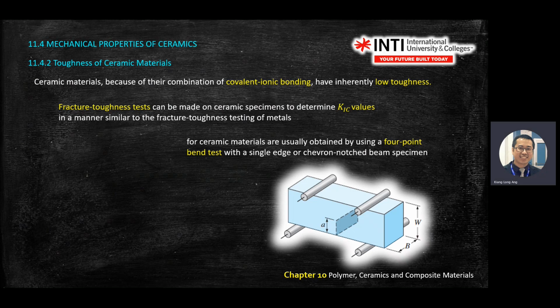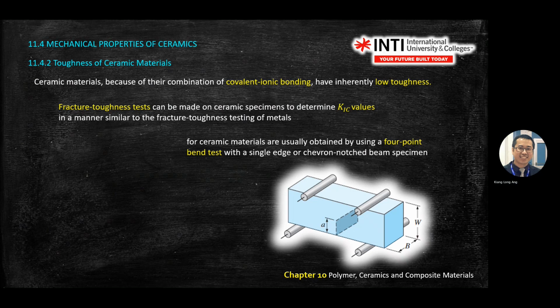4-point means there are 4 fixed points on the ceramic, and then there's a notch, the hole here. It means you remove some material here. Then you load it from here or here.